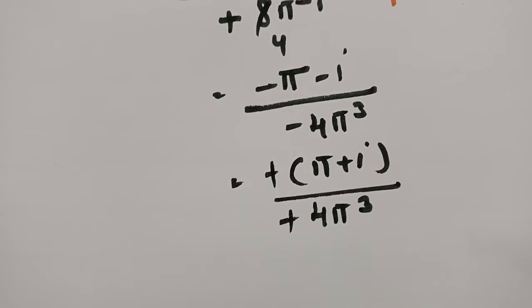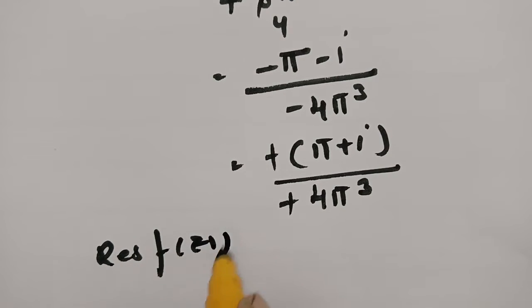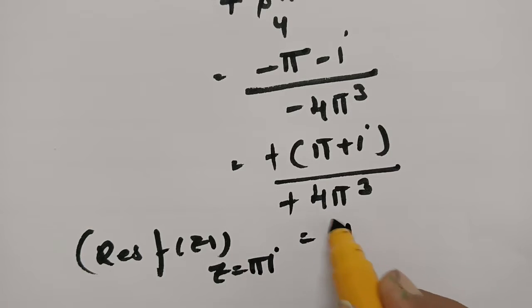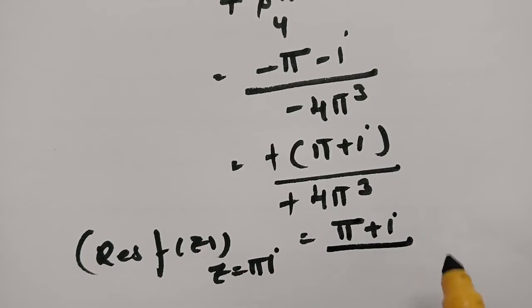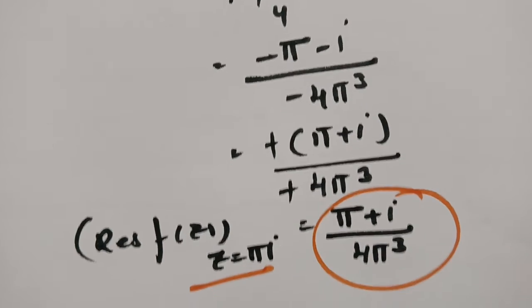So the residue of f of z at z is equal to plus pi I is pi plus I by 4 pi cube.